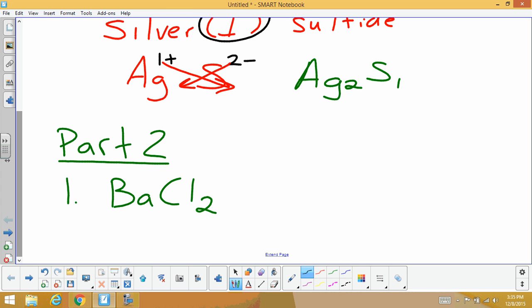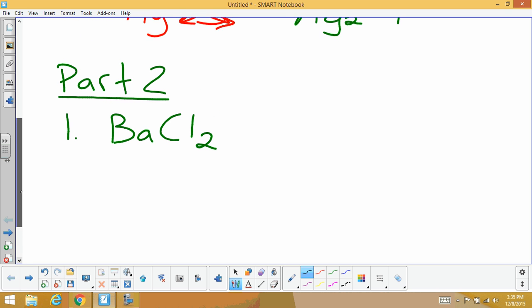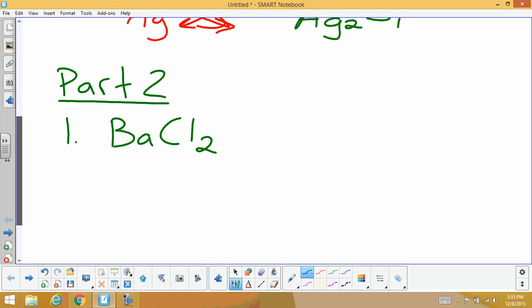Once again, the first rule for naming is writing down the metal's name, the full metal's name. So we have Ba. Looking at our periodic table, and you guys know from just doing these over and over, Ba is barium. Cl is going to have the base chlor.